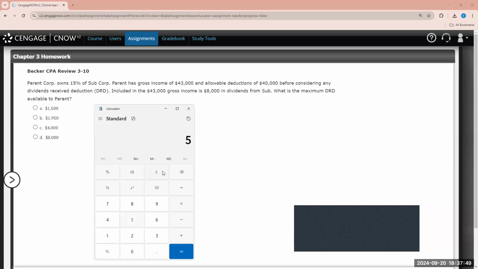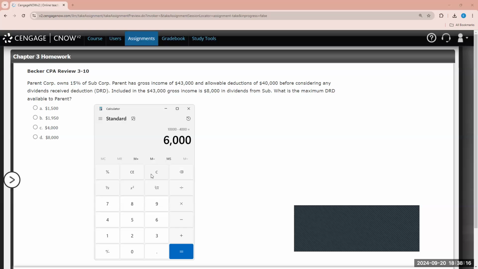Let's say that the gross income was $50,000 and we had deductions of $40,000. In such case, if we were to take the dividends received deduction, we would still have a positive net income. So in that case, we essentially would not take the dividends received deduction of the full amount because, again, we take the lesser of the two.